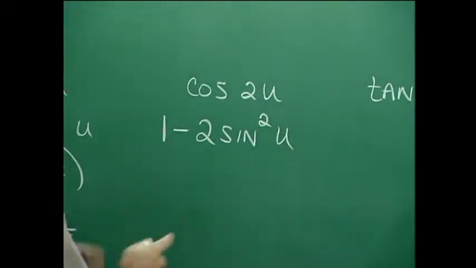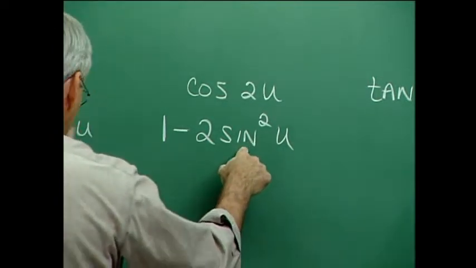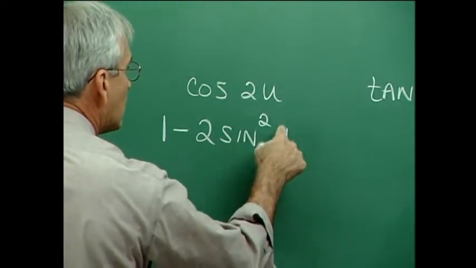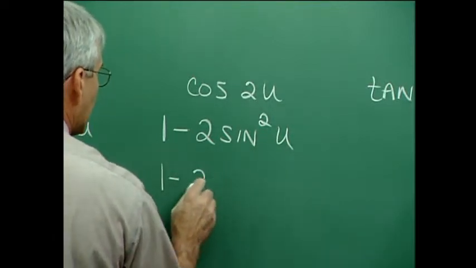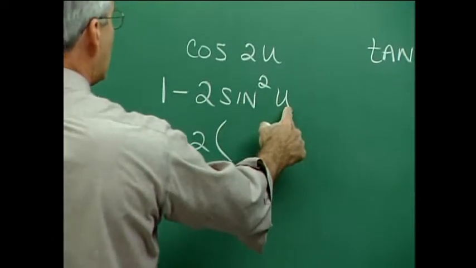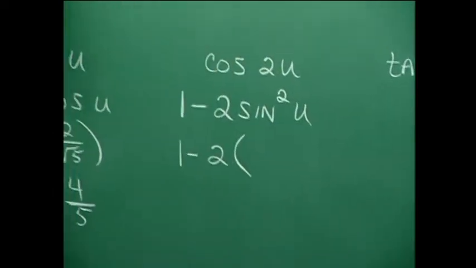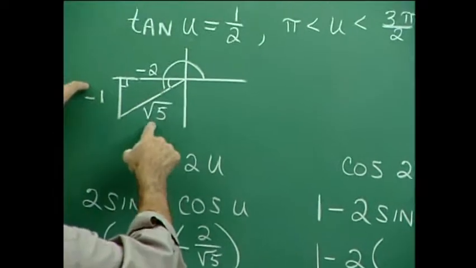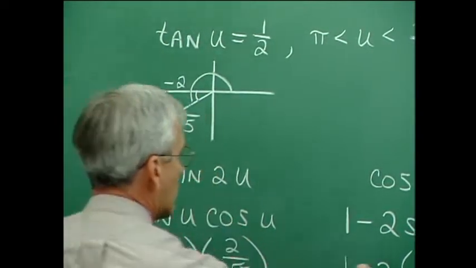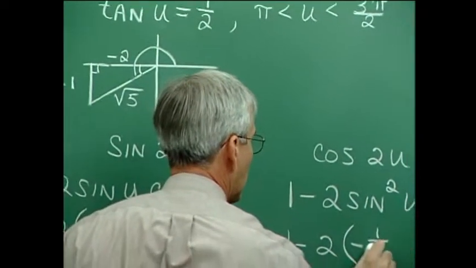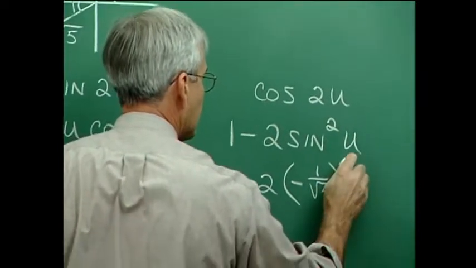All right, and away we go. Now, we understand this to mean sine u all squared. That's the way we need to think about it when we plug in, because it's 1 minus 2 times, now what is sine u? Well, again, we look back over here, and the sine of this angle is opposite over hypotenuse. So it's negative 1 over root 5. So negative 1 over the square root of 5, and all of this is squared.